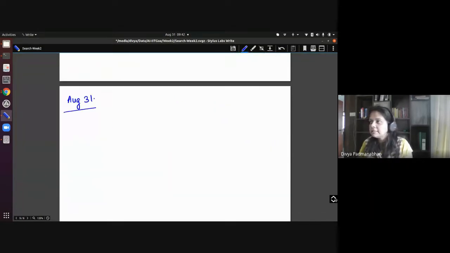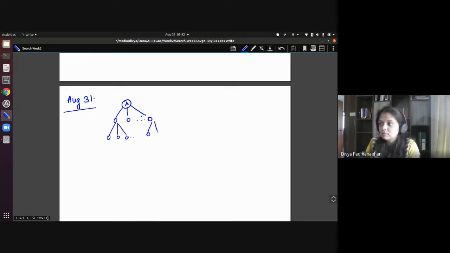And so let's just see. You can also think of it in terms of the search tree. What happens in the search tree is you have the start state in the root. Then you have different possible actions you can take from the start. At each level you have maybe some more actions, and you get different states and so on.